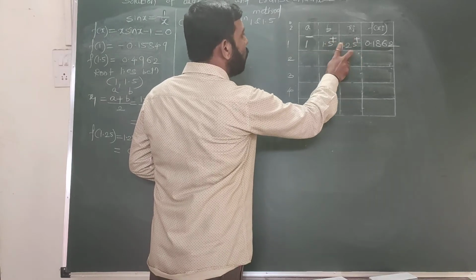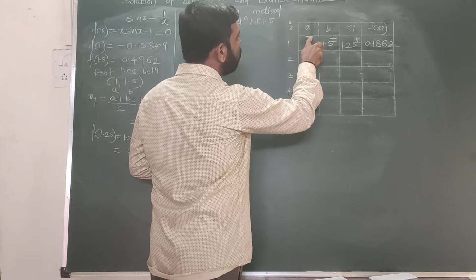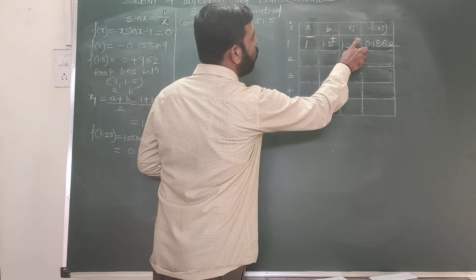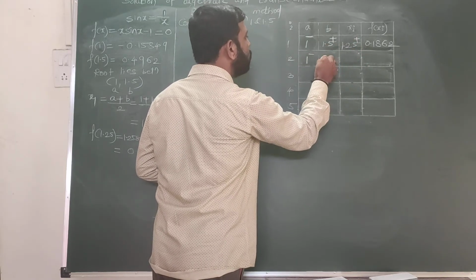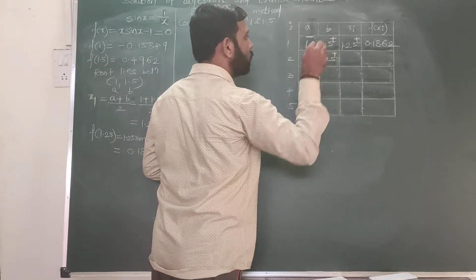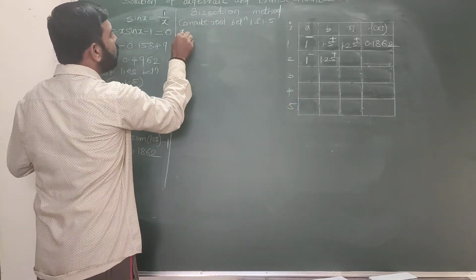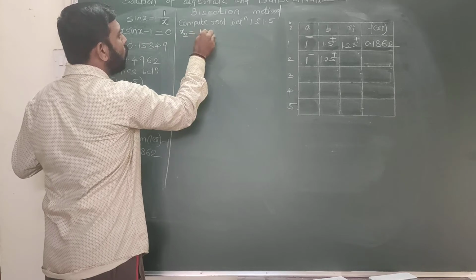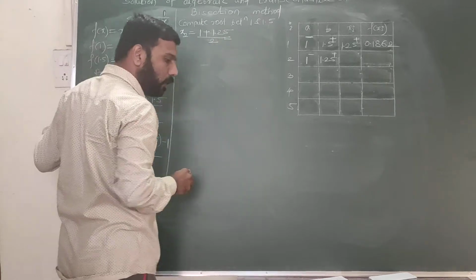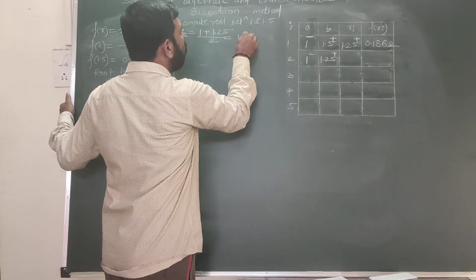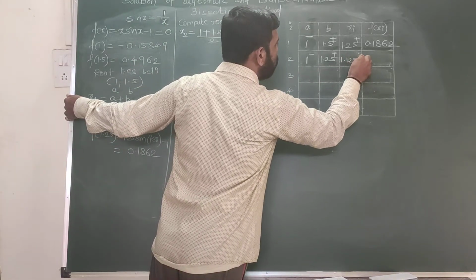Now from these three values, we consider the two with opposite symbols: 1 minus and 1.25 plus. So our next interval becomes this one. We compute the second approximation, x2, a plus b upon 2, and that value is 1.1250.